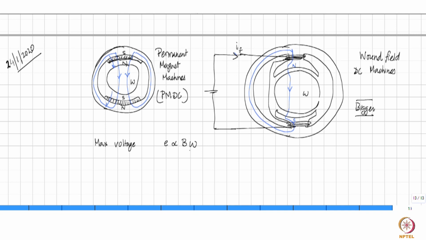So as the speed of the machine increases, the induced EMF increases, and at a certain value of speed, it will equal the maximum voltage that the machine is designed to withstand, which means you cannot go beyond that value of speed for operating the machine.